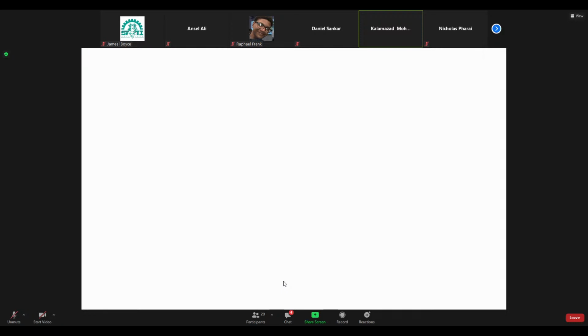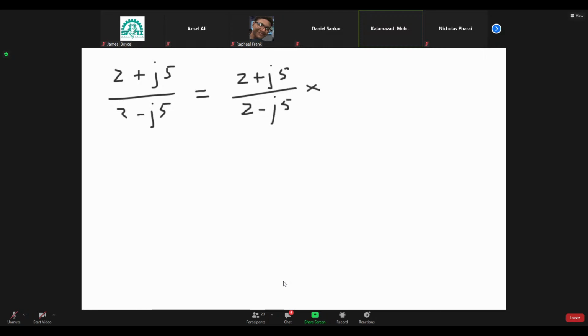So (2 + j5) over (2 - j5). Again, the denominator is 29, all right? 2 squared and 5 squared.